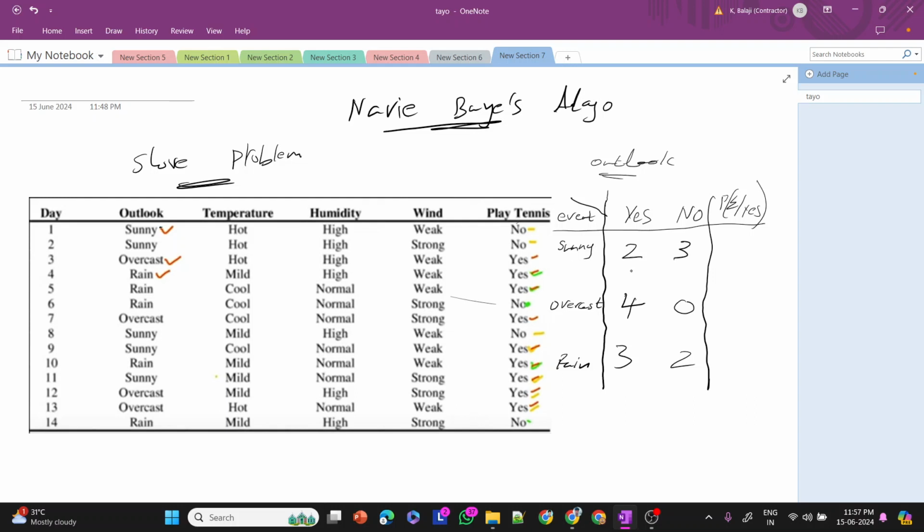When it is sunny, he has played 2 times. That means 2 by 9. When overcast is there, totally 4 times he had played. The probability of overcast when he played a game is 4 by 9. Like this, when rainy, the probability of rain while he played a game is 3 by 9.